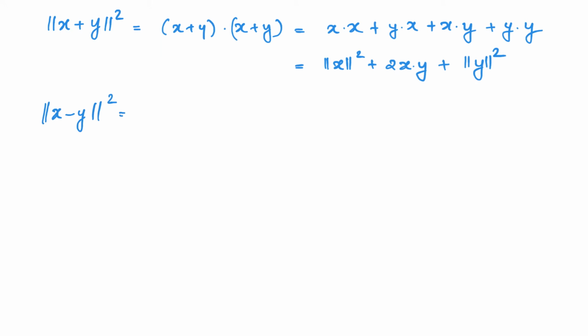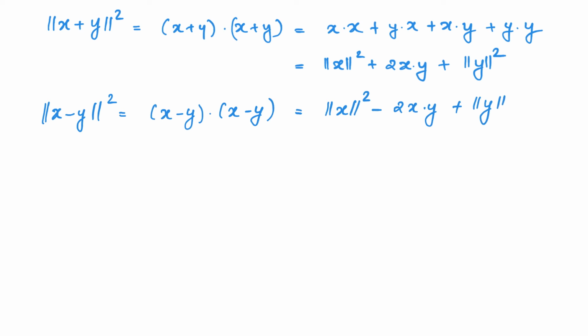Similarly, norm of x minus y whole square is equal to x minus y dot x minus y. As before, this can be simplified as norm of x square minus 2 times x dot y plus norm of y square. Now notice that norm of x plus y whole square is equal to norm of x minus y whole square if and only if these two are equal.